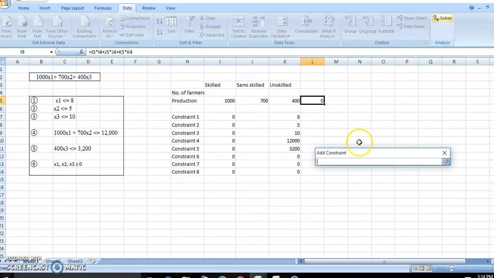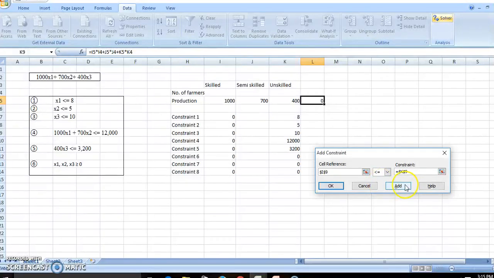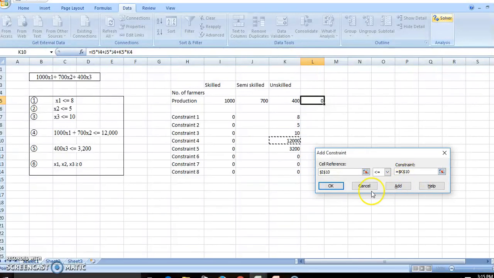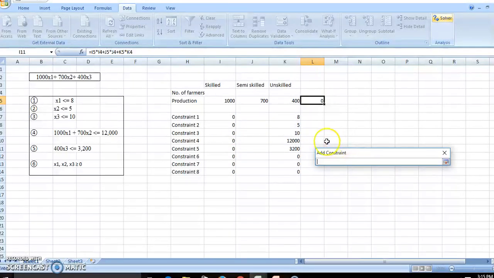This cell less than equal to this cell. Select add. This cell less than equal to this cell. Select add. This cell less than equal to this cell.